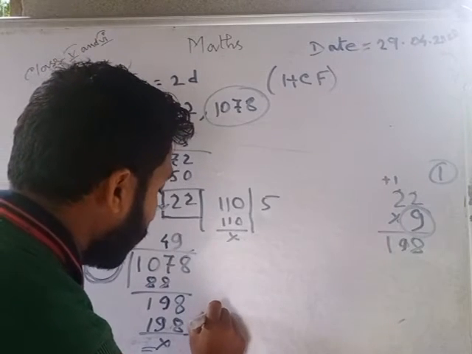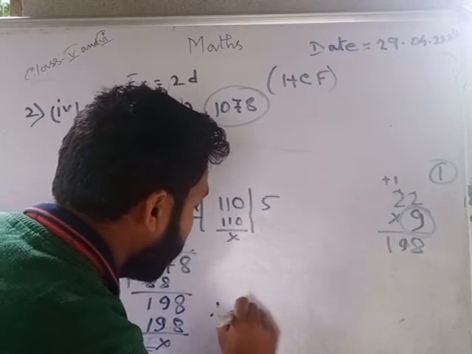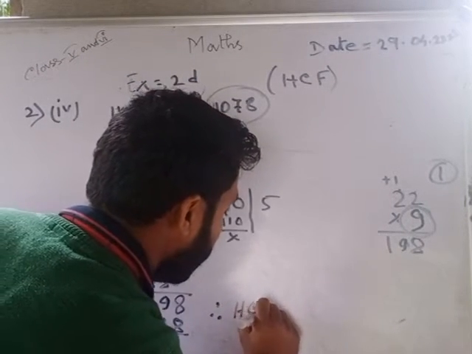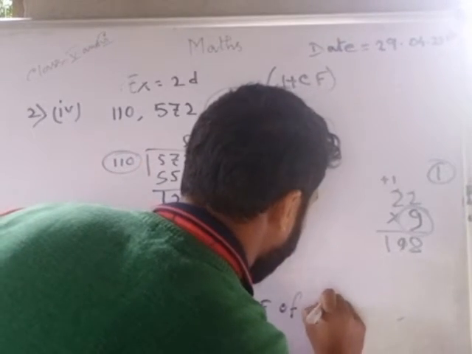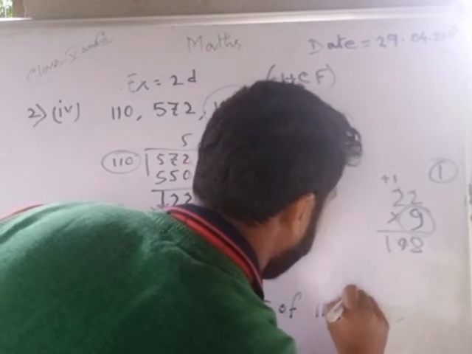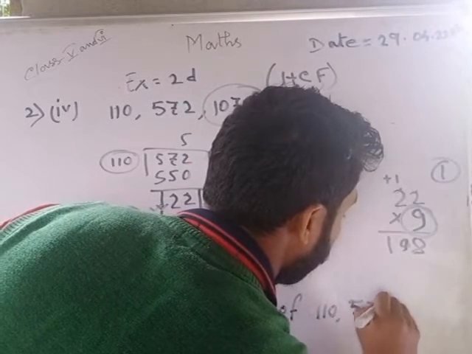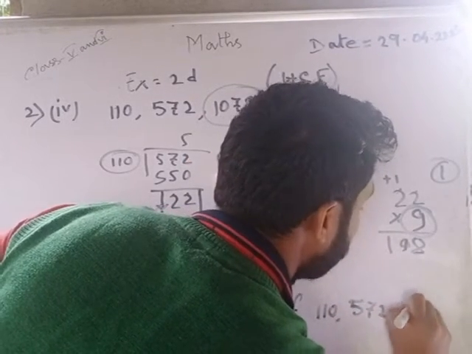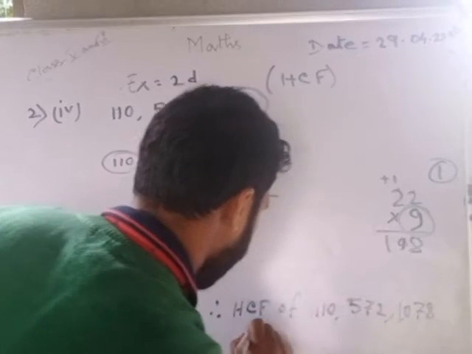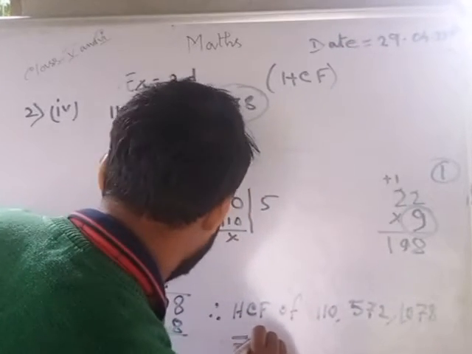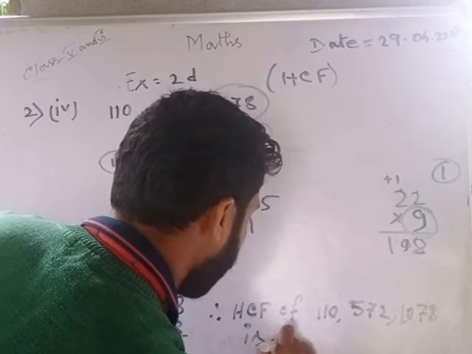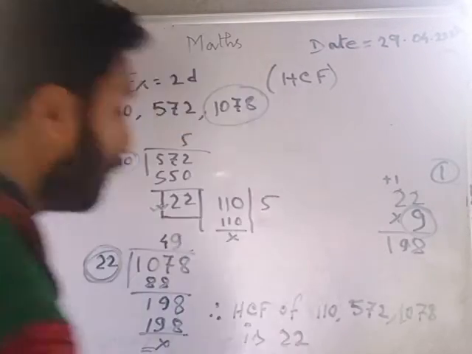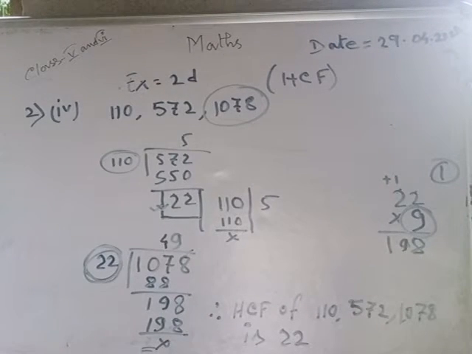So the HCF of 110, 572 and 1078 is 22. Okay, do you understand?